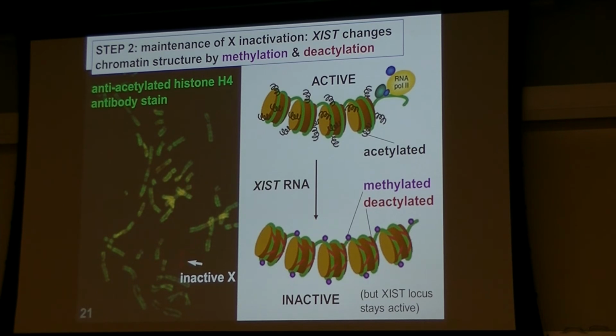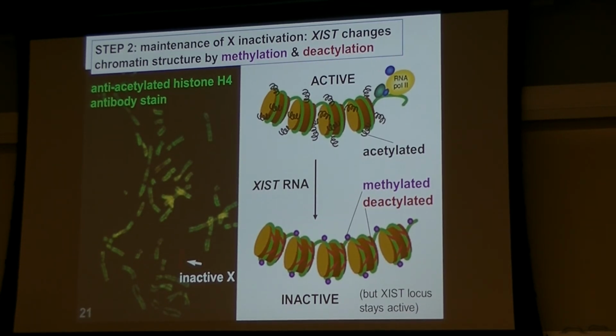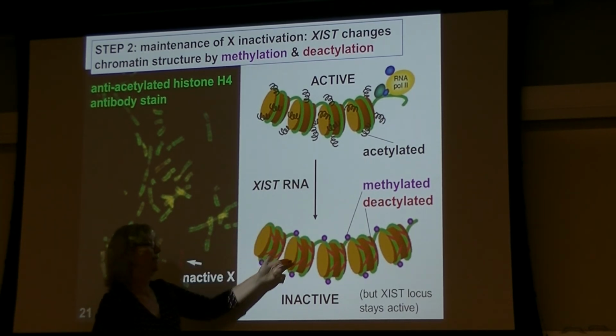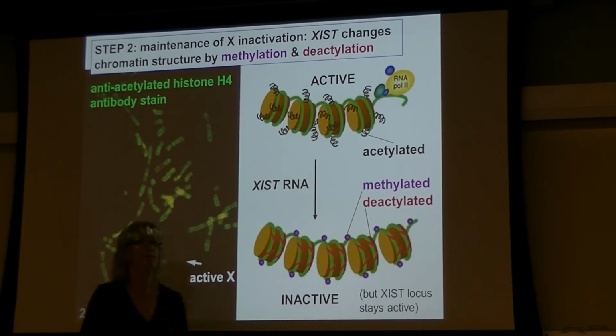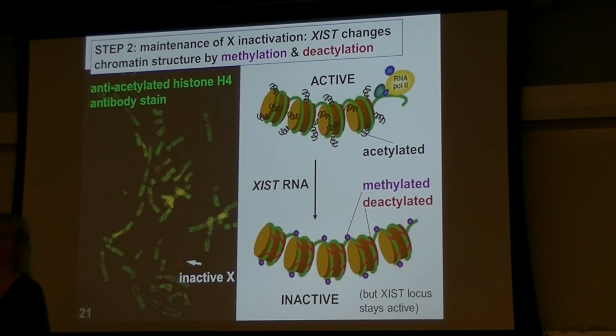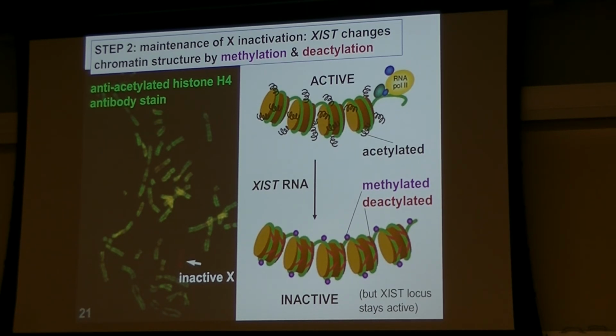So how does this work? It seems to involve what we broadly term epigenetics, or additional kinds of modifications that occur in the chromatin. Chromatin, as you know, is composed of DNA that's coiled around histones, and there are a lot of different covalent modifications that can be done both to the DNA or to histones that affect how open this chromatin structure is.